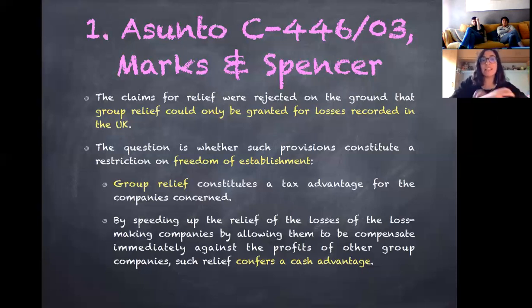As we have said, this possibility, the creation of a group of companies for tax purposes, constitutes a tax advantage for the companies involved. By speeding up the relief of the losses of the loss-making companies, by allowing them to be compensated immediately against the profit of other group companies, such relief confers a cash advantage. So if we can compensate losses with profits, the final amount of our corporate tax will be lower.